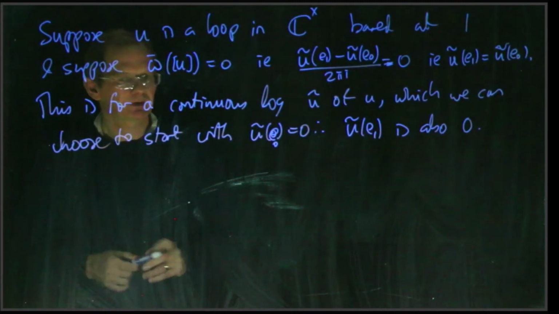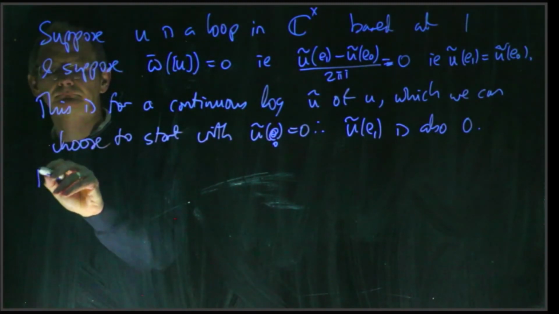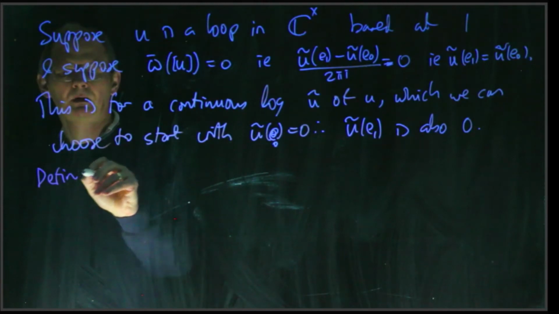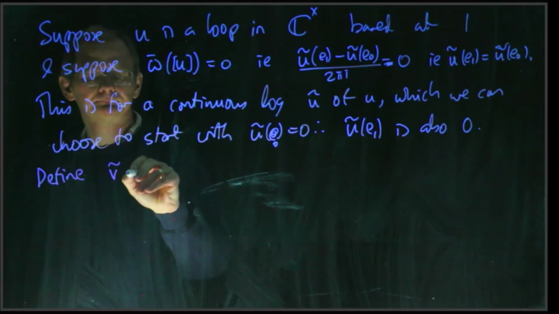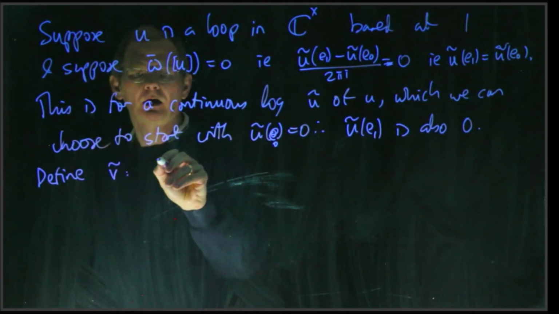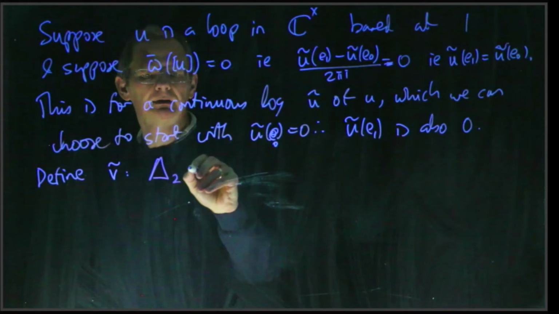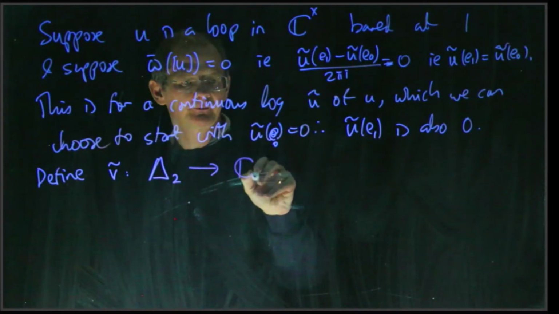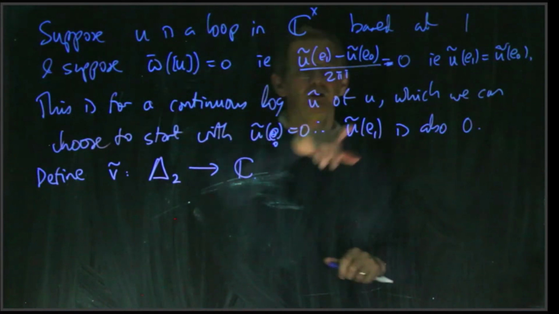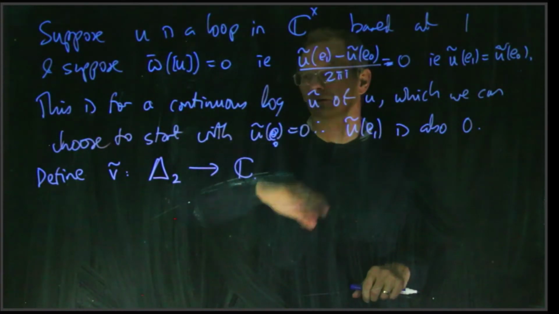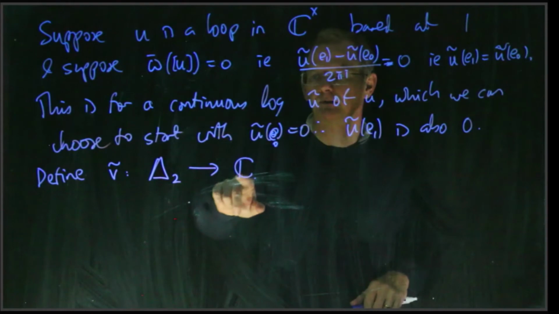Now I want to define v tilde. It's going to be a map from delta 2 to the complex numbers. Remember u tilde is a map to the complex numbers, and v tilde is going to be the same.